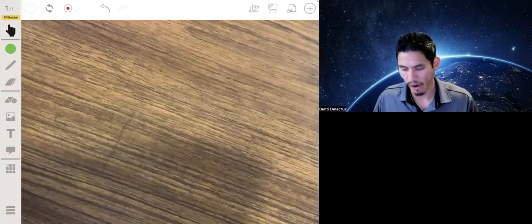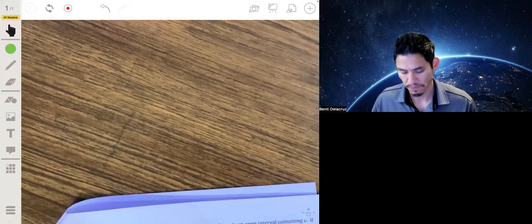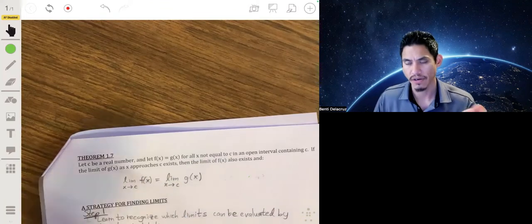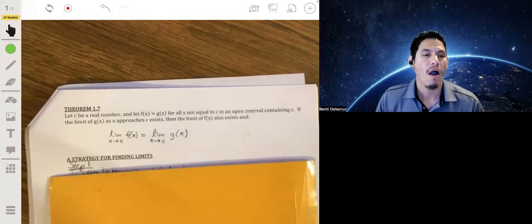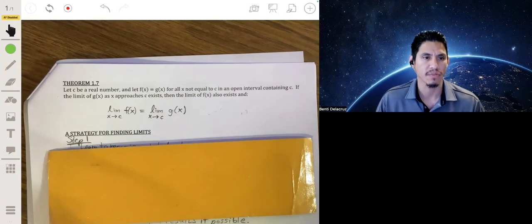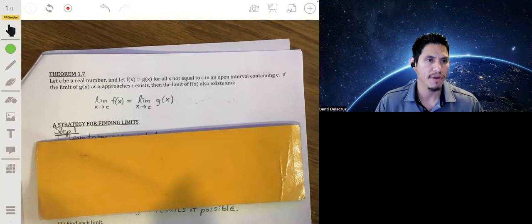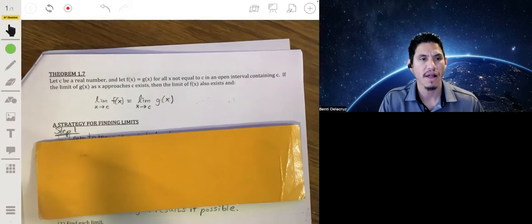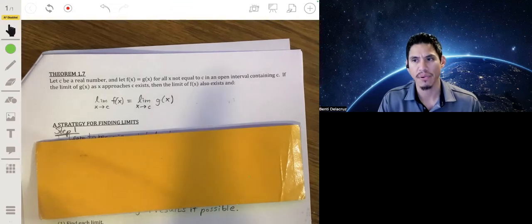All right, now we're going to look at some of the theorems that we're actually going to use to start solving or start evaluating these limits. And this is going to be theorem, in this text, theorem 1.7. And this is going to apply when you have a function that is not defined at some point, at the limit point.